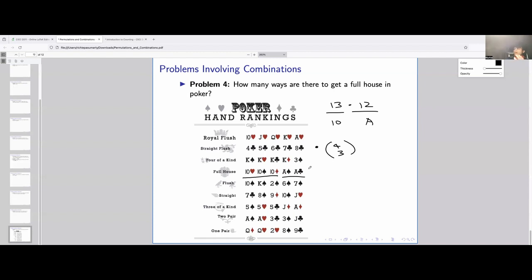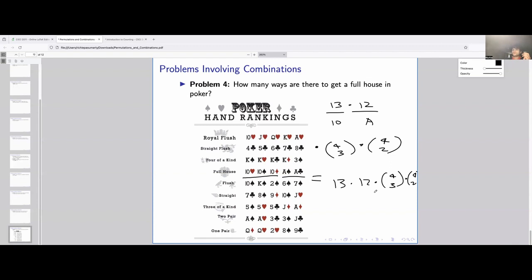I also have to choose 2 suits out of the 4 for my other card, the ace. So I also have to multiply by 4 choose 2. My final answer is going to be 13 times 12 times 4 choose 3 times 4 choose 2.